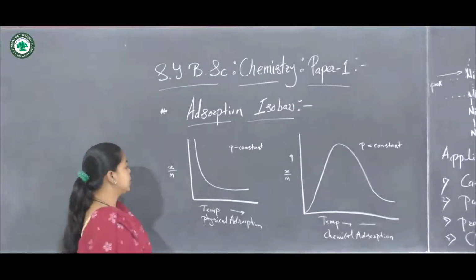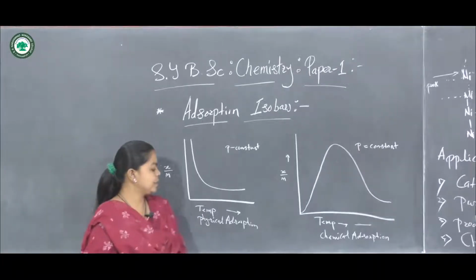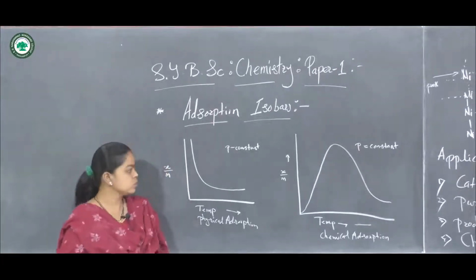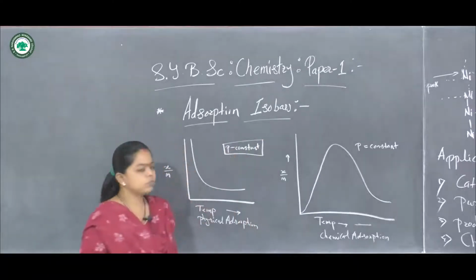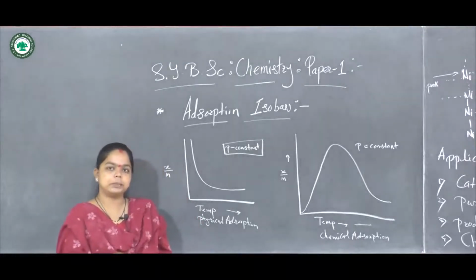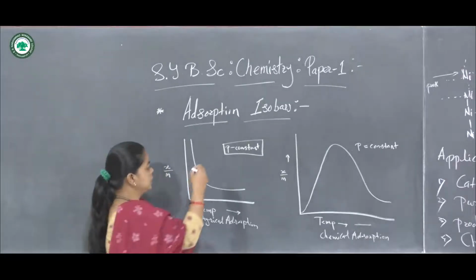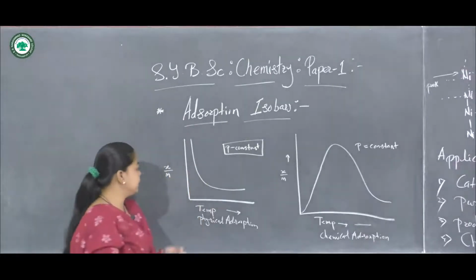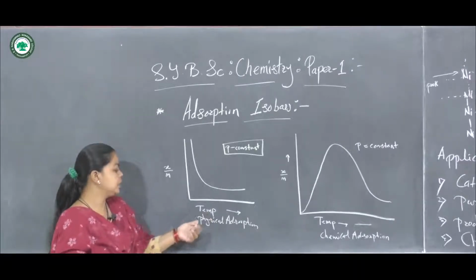If we plot the graph of x upon m versus temperature in the case of isobars, we keep the pressure constant. We studied the isotherm, in which we kept the temperature constant, but in this case we keep the pressure constant and vary the temperature.